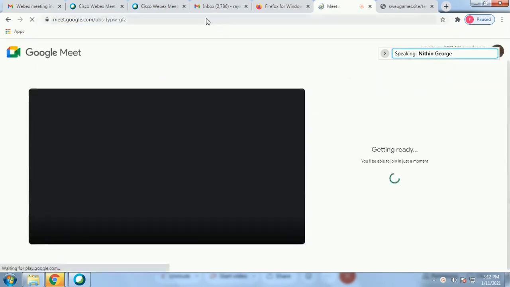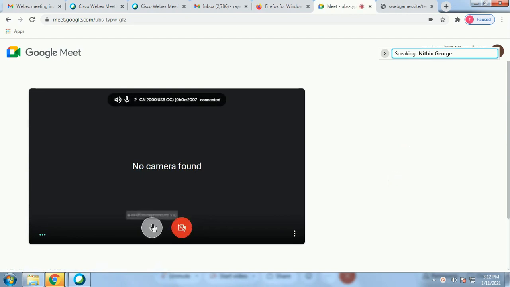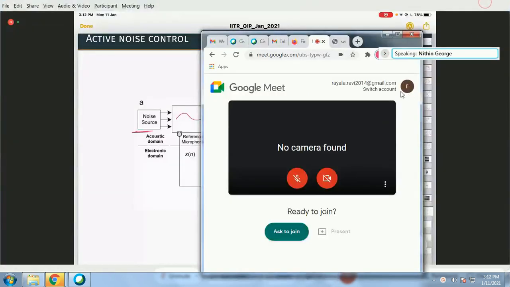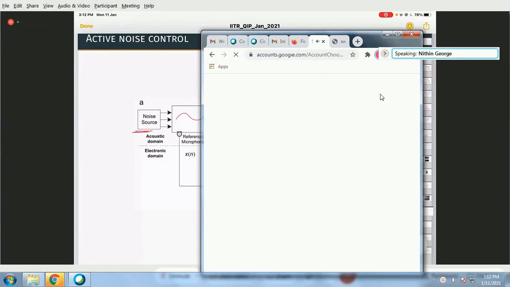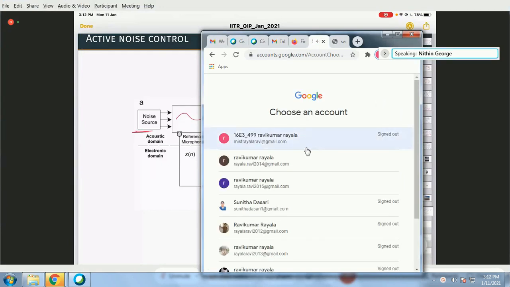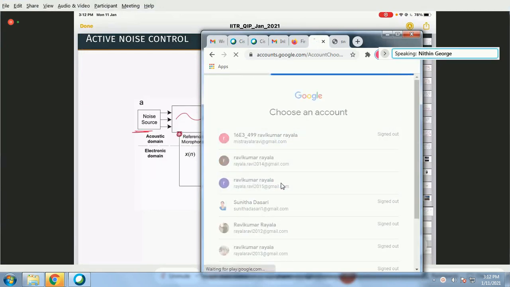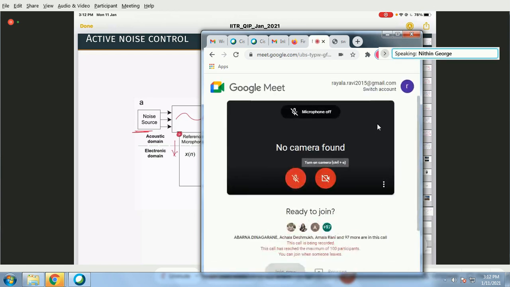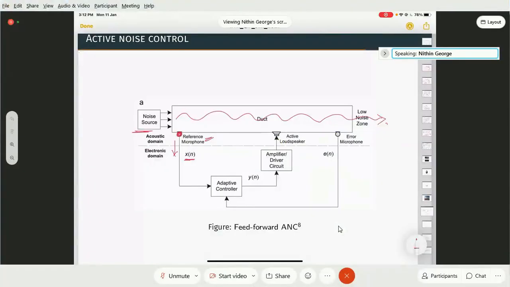So what I have got over here is I have a noise source. The noise is passing through a tube and it is reaching outside. What I do is I use one microphone, which is called the reference microphone, to pick up the sound which is getting transmitted from here, which I call X(n).